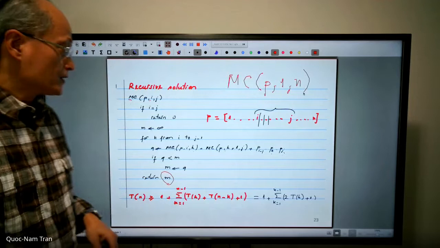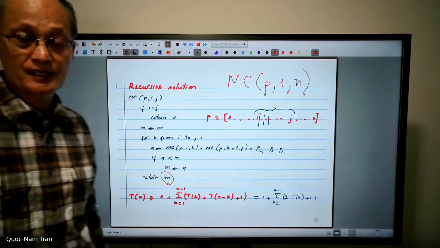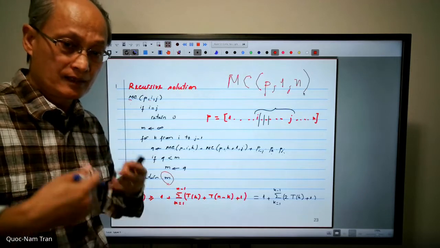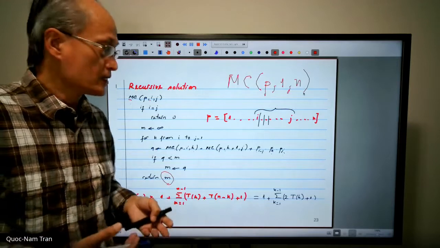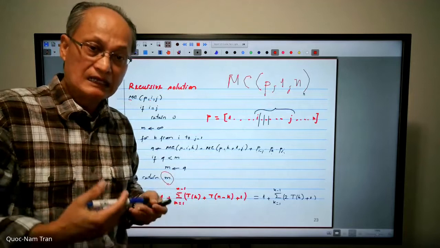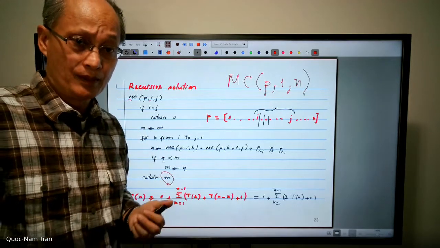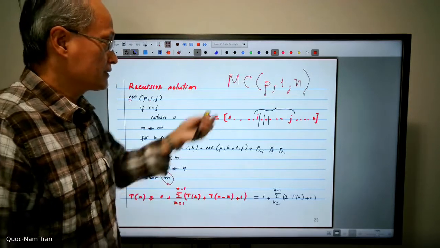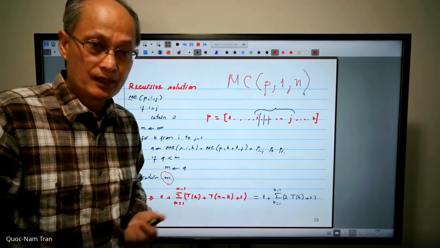So the recursive solution is here, but as you may expect, this algorithm has to calculate some of the values again and again, in a similar manner to the Fibonacci number. So we expect that this will not be a good algorithm.